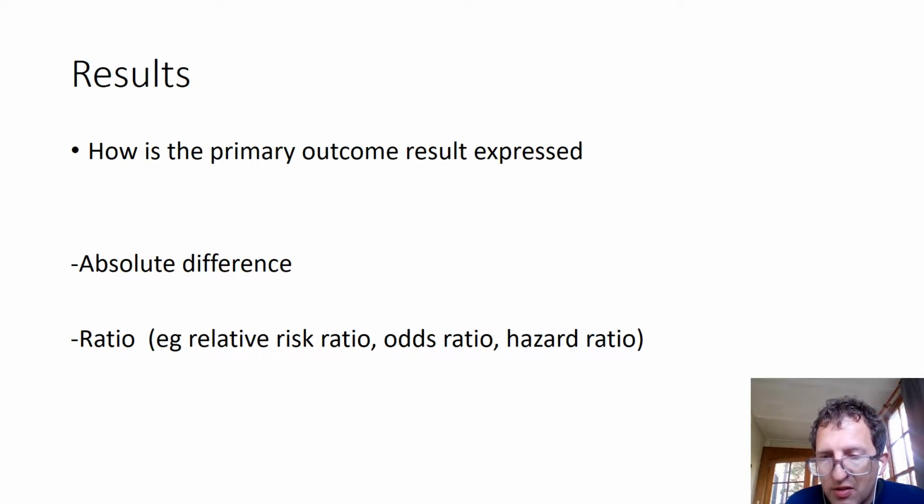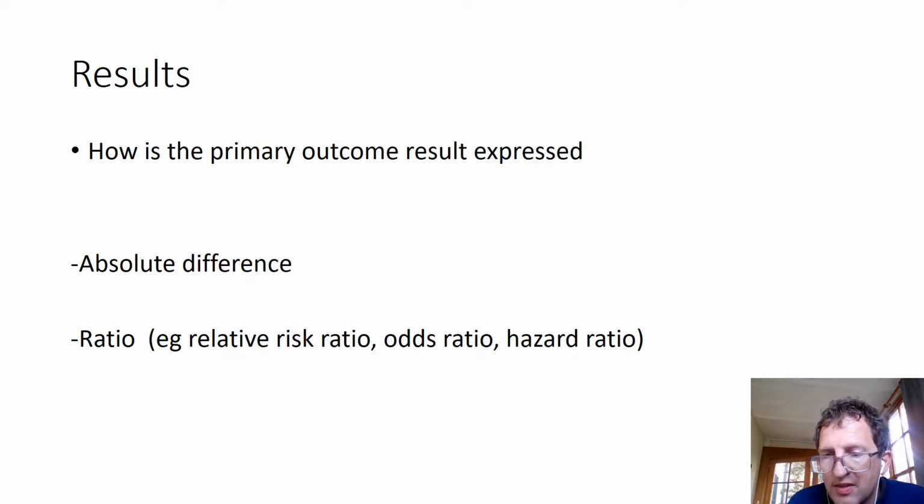And the idea is you're saying, what's the risk of the event in the exposed, i.e. the people who had the medication or the risk factor of interest, over the risk of the event in the underexposed. That's what a relative risk ratio would be. And you can have a look up definitions of odds ratios and hazards ratios. You'll find there's that similar concept of one thing being over another.